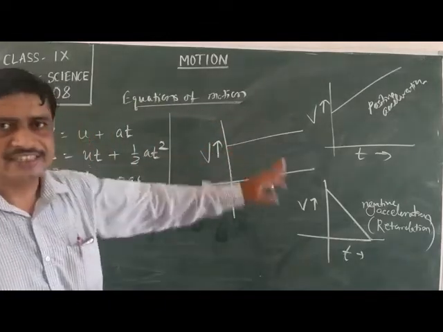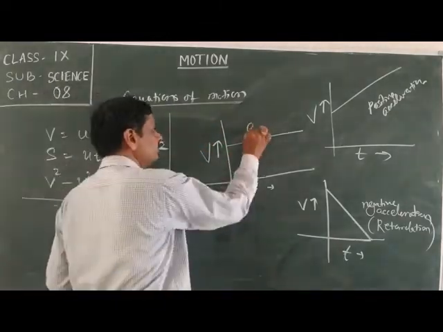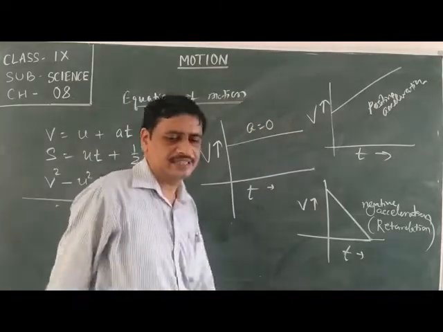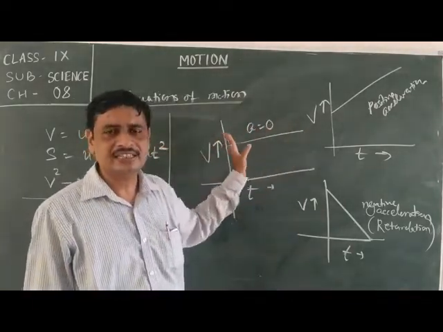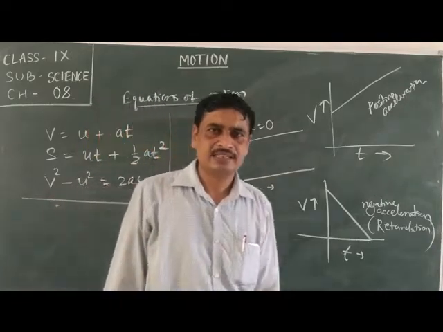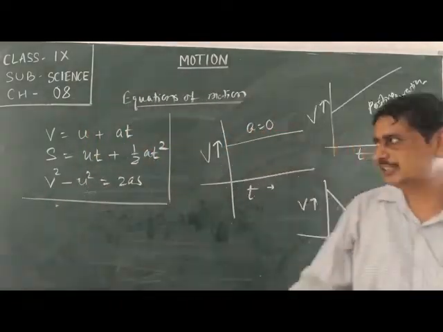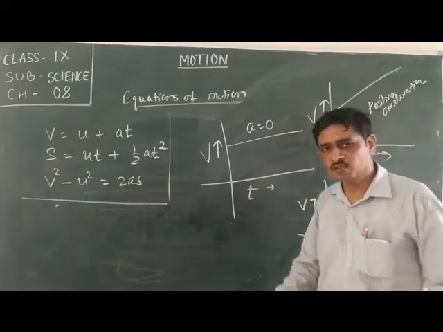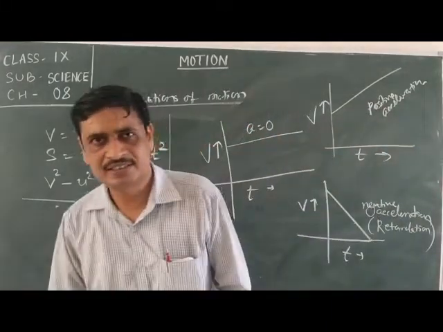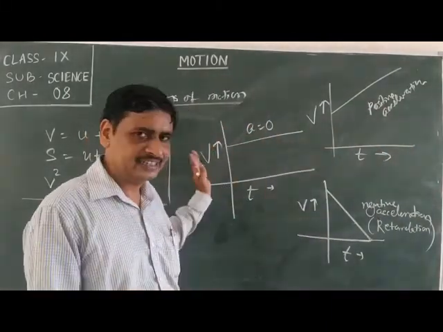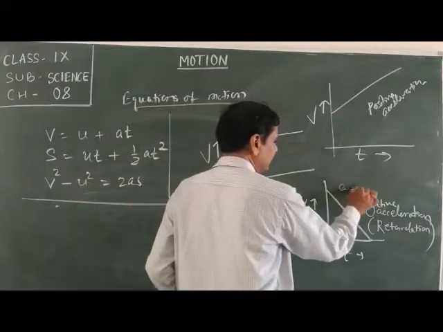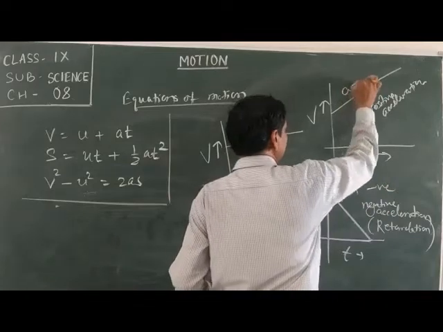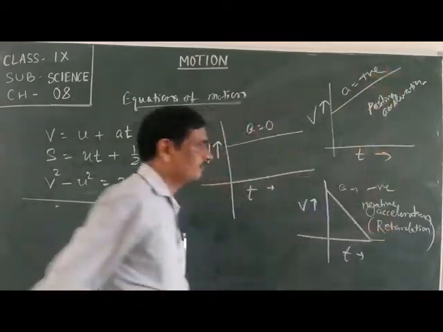Here the acceleration is 0. Acceleration of the body is 0 because velocity is not changing here. The velocity remains constant. If the velocity of a moving object remains constant, then the acceleration becomes 0. Here acceleration is negative, here acceleration is positive.